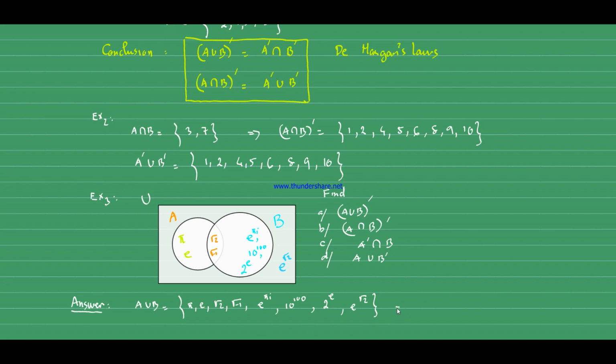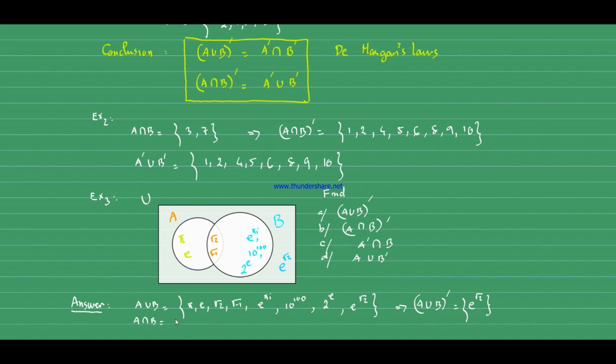Alright, then from here we can find A union B complement. You see that the universal set is everything, so A union B complement must be e to the square root of 2. Very easy.